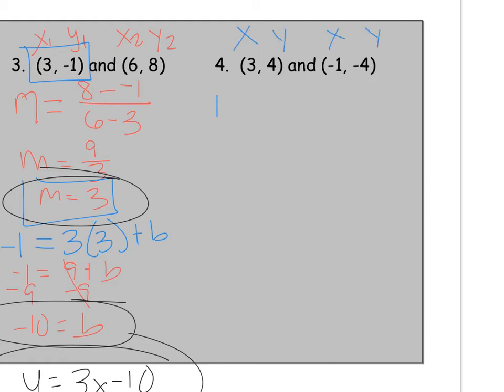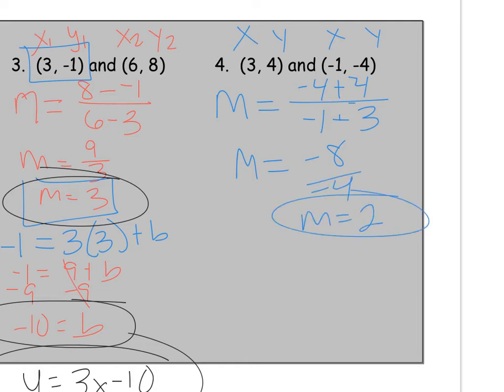My slope, y2 minus y1 over x2 minus x1. Add the opposite, I get a -8 over a -4 for a slope of +2.